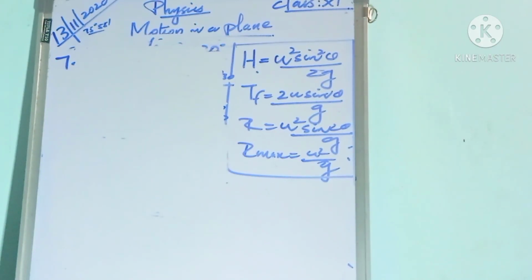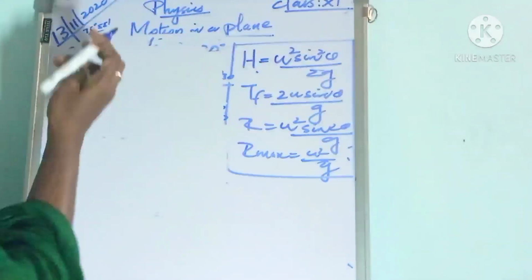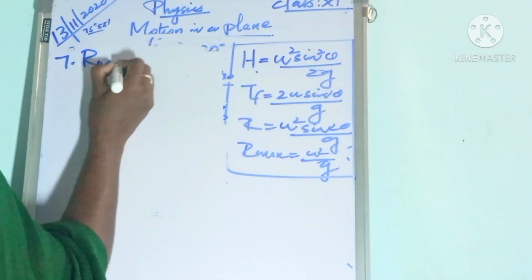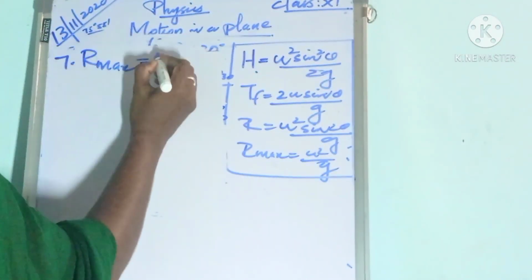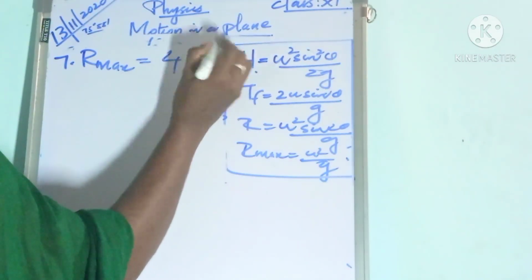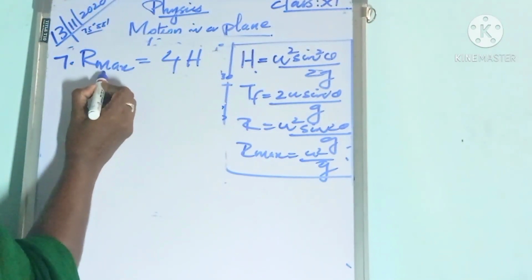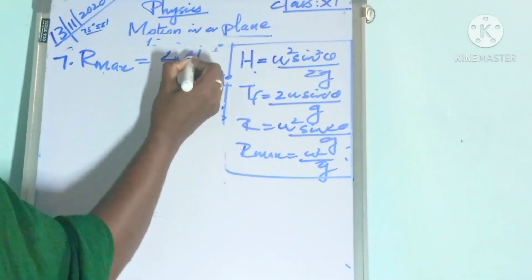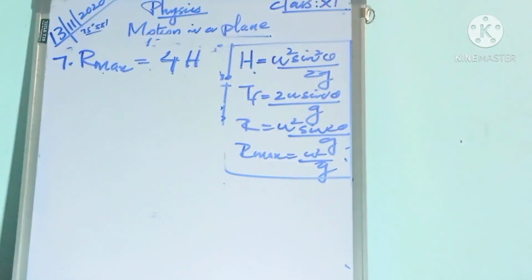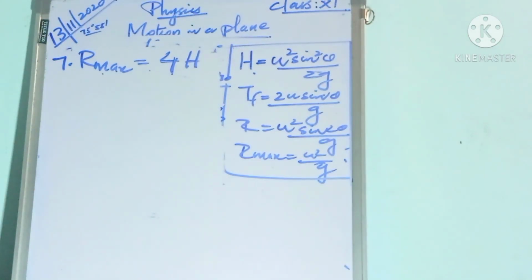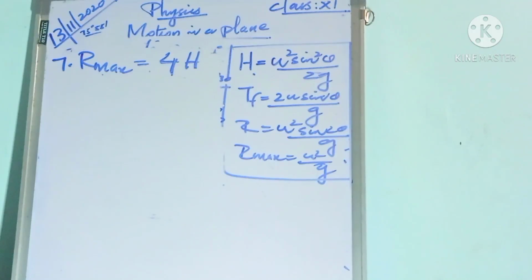Here we have to prove that R max, the maximum horizontal range, must be equal to 4 times the maximum height h.